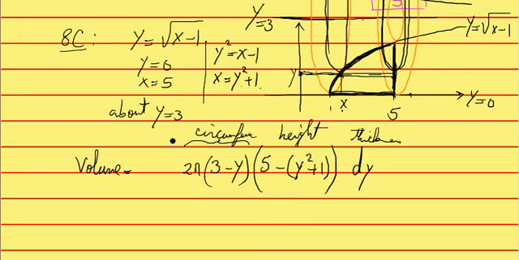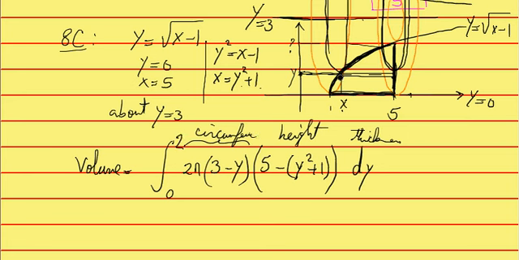If I want to find the volume, I have to integrate this. Well, y's start at 0 at the low point, and when x reaches 5, what is going to be the last value for y? If x is 5, y becomes 2, and that becomes the last value of this integral.